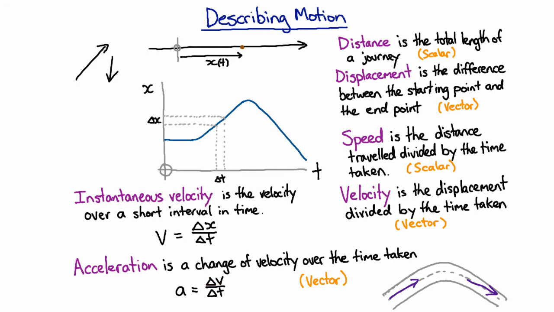And you'll find that very clearly if you try and turn a corner in a car and the road is very icy. If you don't have friction with the road, you don't get to change your velocity. And once again, of course, you can talk about an instantaneous acceleration or an average acceleration in exactly the same sense as you do for velocity. An instantaneous acceleration is the acceleration defined over a short period of time, and an average acceleration is the acceleration defined over some large period of time.